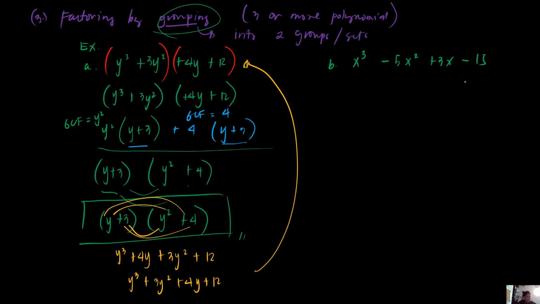So as you can see here, class, we can group them into this. Sa x squared, there's a common factor sa x cubed. Si 3, common factor ni 15. So, pwede natin silang i-group. Okay, kasi kung iisipin nyo, ma'am, pwede naman si 5x squared kay 15 i-group, yes.